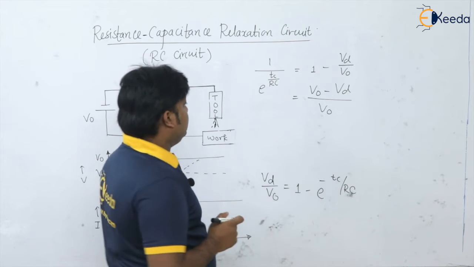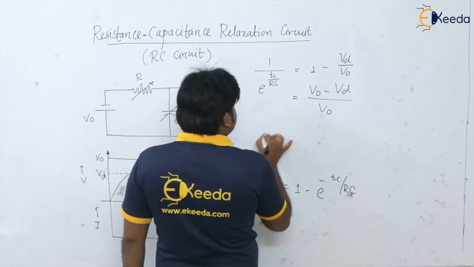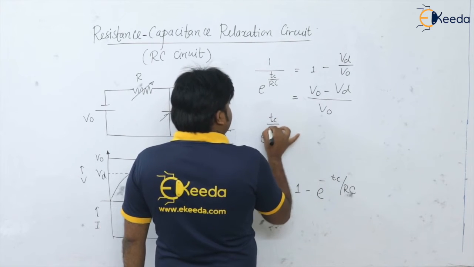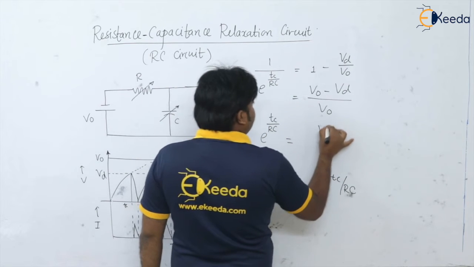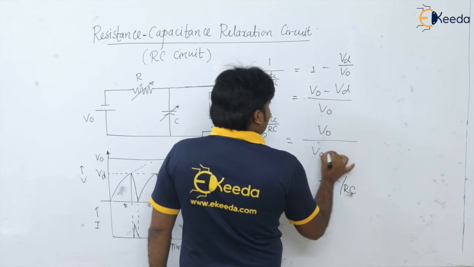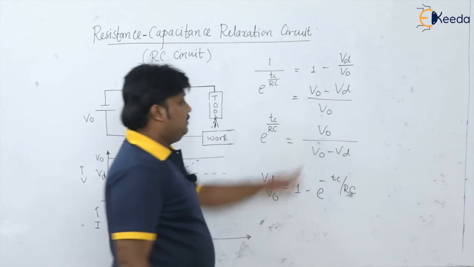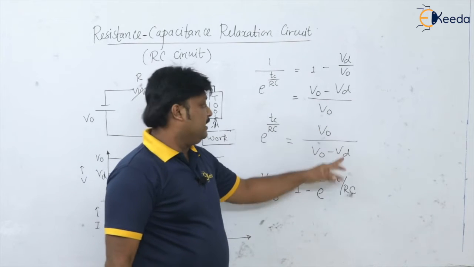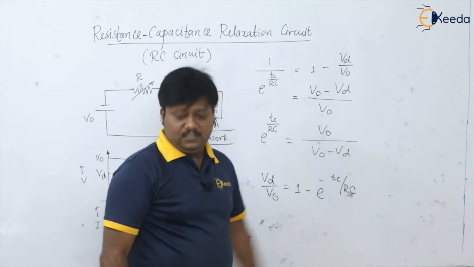Very simple mathematics. So e to the power TC divided by RC equals VO divided by VO minus VD. VO is our supply or source voltage, and VD is the discharge voltage. We know very well.